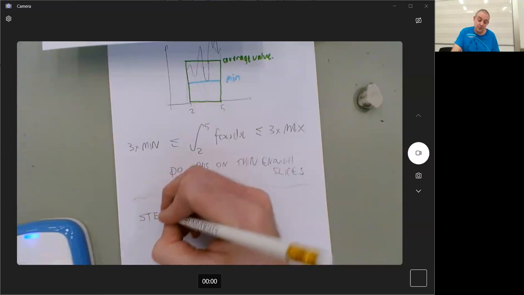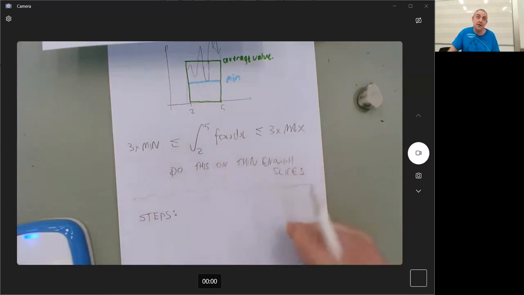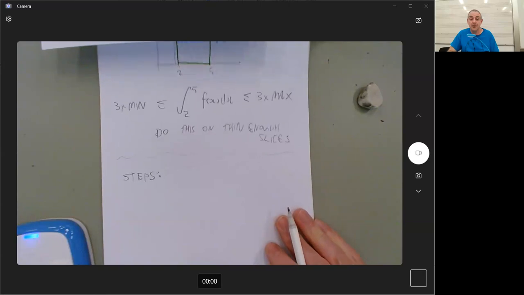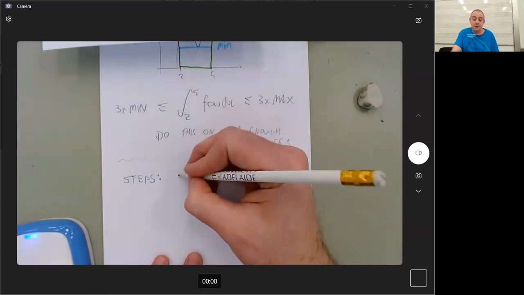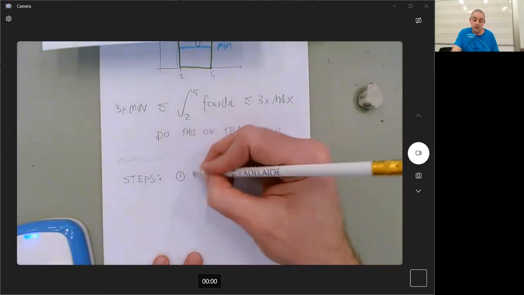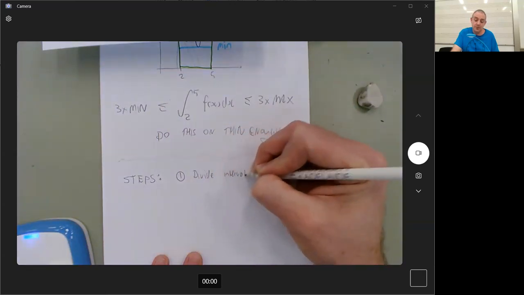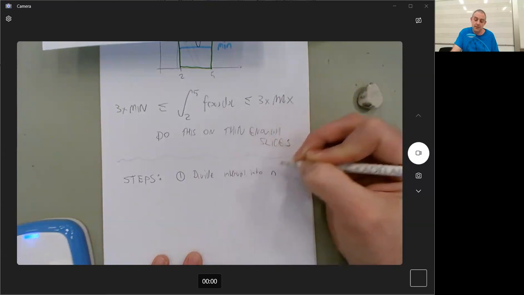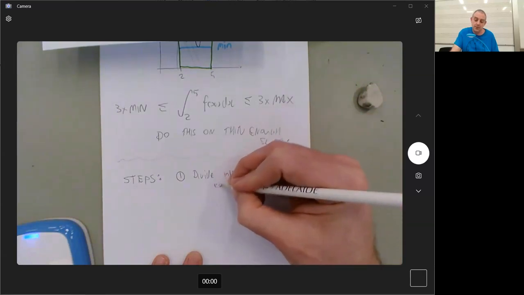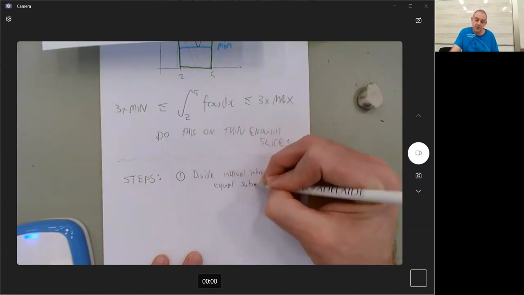Steps. You ask for steps, here they are. The steps are these. Step 1. Divide the interval into n equal subintervals.